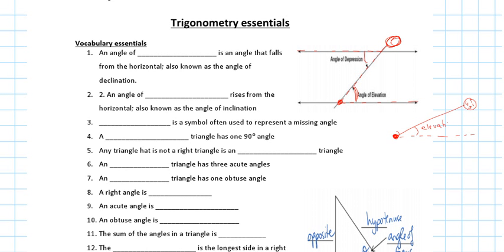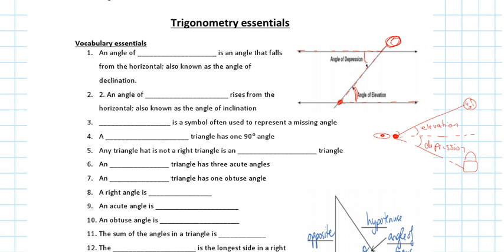If this is your line of sight, and then you're looking at the bag on the bottom, right? This is the angle of depression. So it's always measured from the horizontal line that's coming out of your line of sight. Are we okay with that?